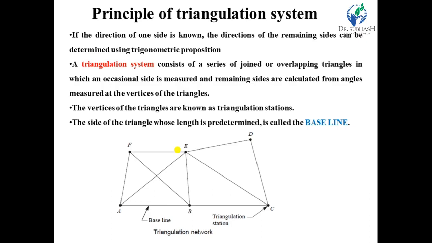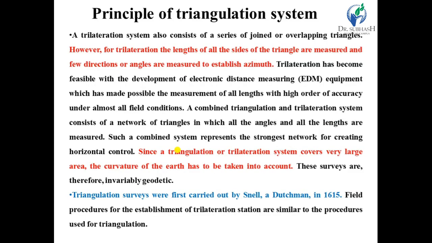The side of the triangle whose length is predetermined is called the baseline. See in the figure that the baseline is determined previously. The principle of a triangulation system, or a trilateration system as it is also called, consists of a series of joined or overlapping triangles.